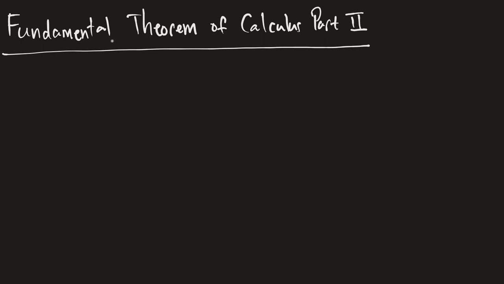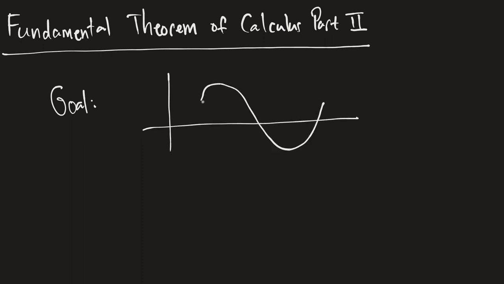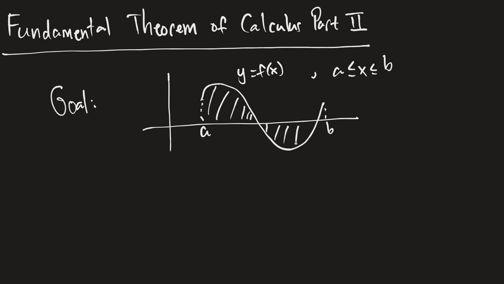So let's remind ourselves what our goal is. If we have a function, let's say y equals f of x, and an interval where x is between and including a and b, we want to be able to find this area.